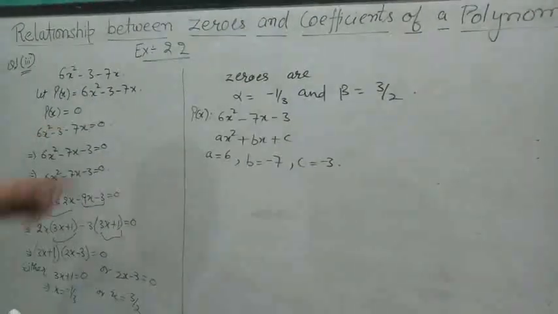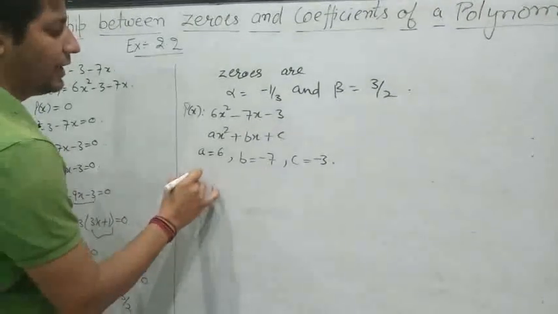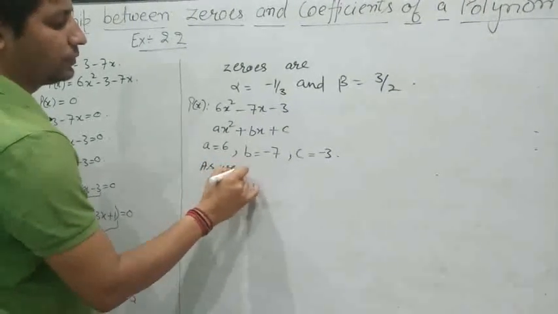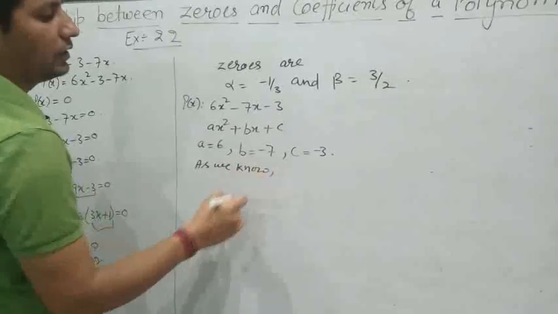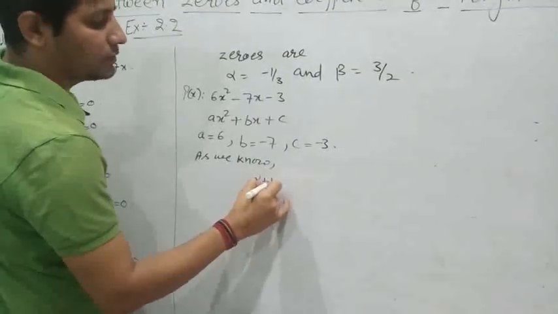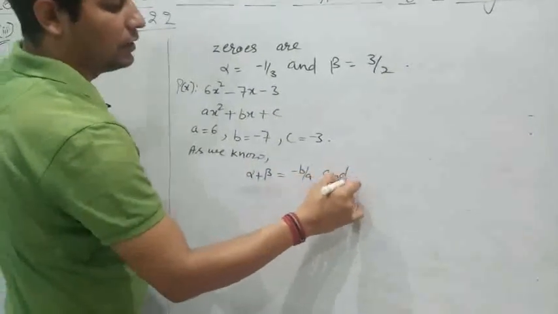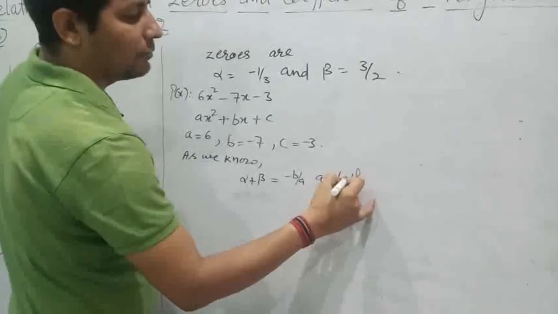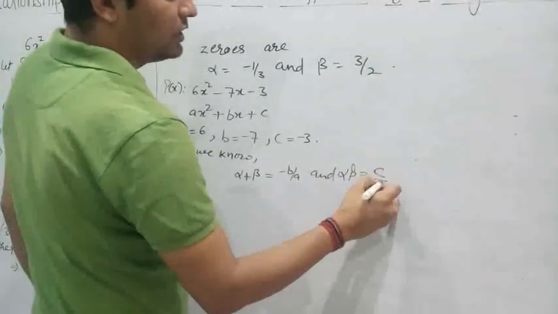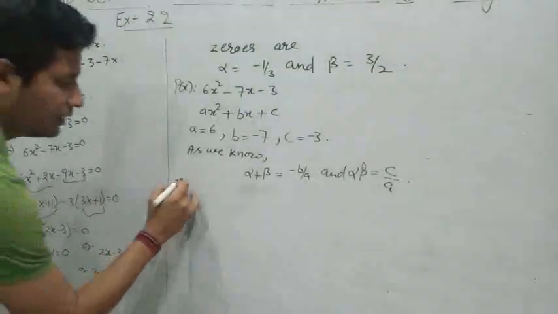Now we have to verify the relationship between zeros and coefficients of the polynomial. As we know, the relation is alpha plus beta is equal to minus b by a, and the product of zeros alpha beta is equal to c by a. Let's verify this.